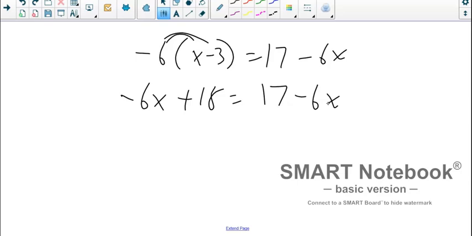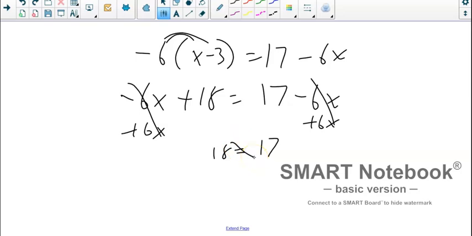Well, I want to move the letters over. So I'm going to add 6x. But look what happens. All my variables cancel out, and I end up with this statement. 18 equals 17. Okay? Well, that is not a true statement. That is a lie. 18 is not equal to 17.